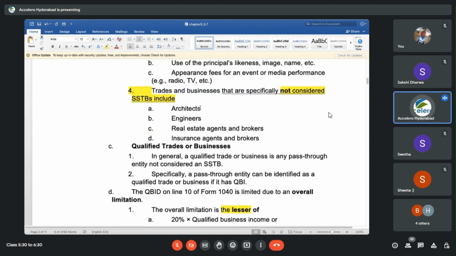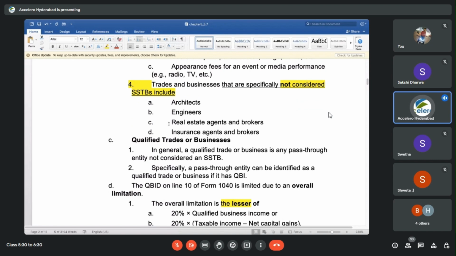And there are certain businesses which are not considered: architects, engineers, real estate, insurance agents. One can argue, why architects and engineers, they're also professionals, right? So it should go under SSTB, and they will also probably need a license. If you're a civil engineer trying to do construction, probably you'll need a license.